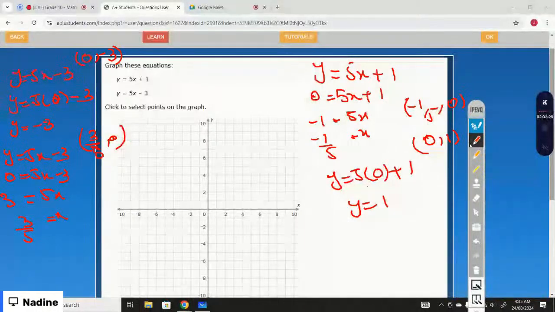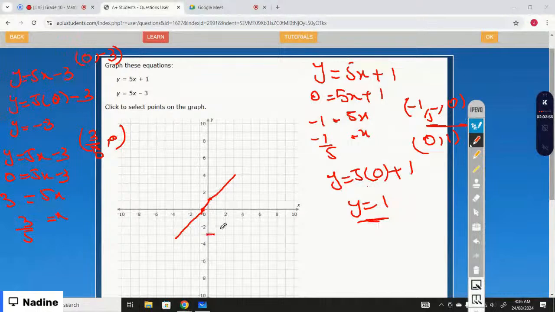For the first equation, negative 1 over 5 is negative 0.2, somewhere here, right? When y is 0, x is negative 1 over 5, and when x is 0, y is 1. So just make a line and connect these two points, right? Now for the second equation, when x is 0, y is negative 3. Here it is.